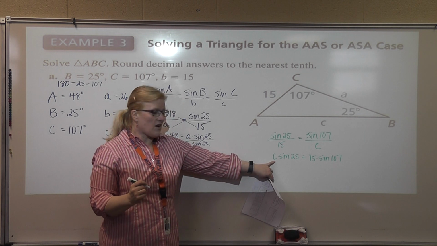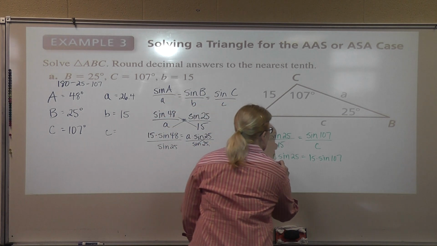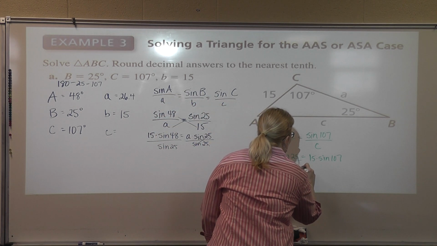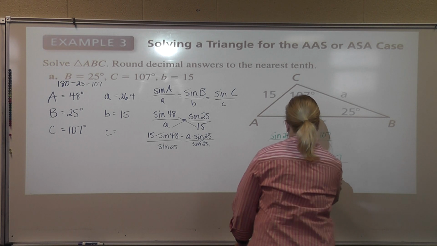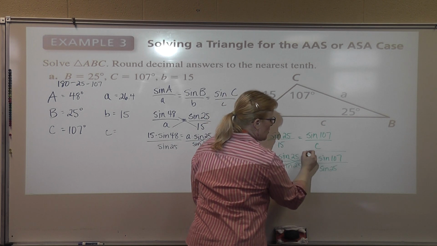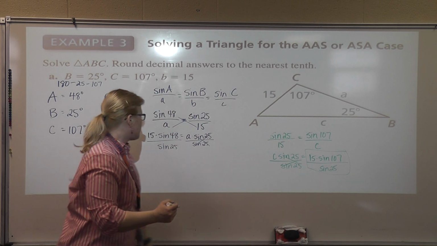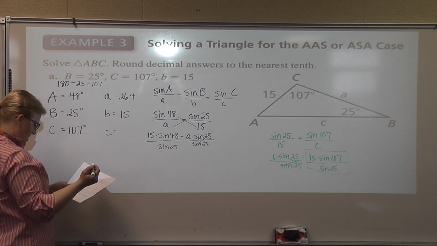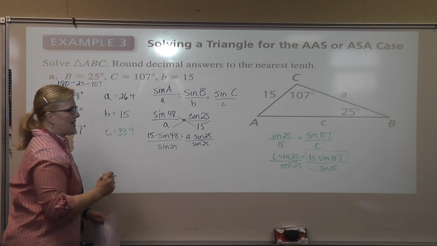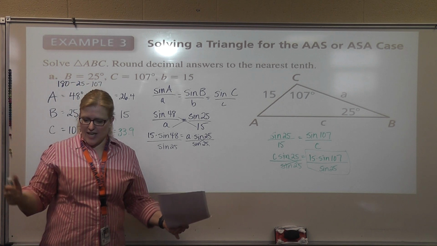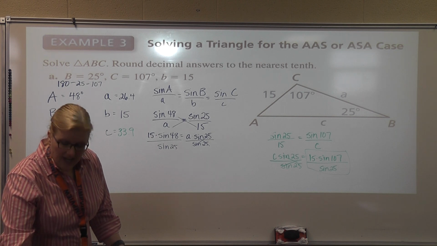Here's my variable, so I need to divide both sides by sine of 25. And C is going to equal this. And when I put that in my calculator, I get 33.9. So I have solved the triangle because I have all those sides. Okay, gotta stop again.